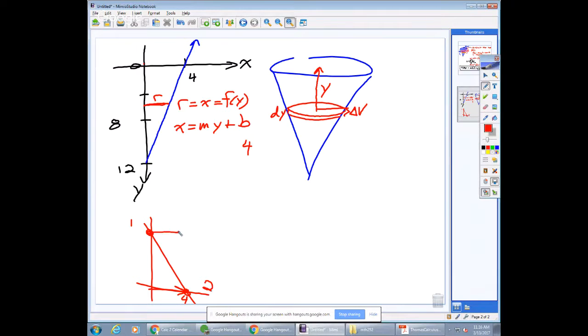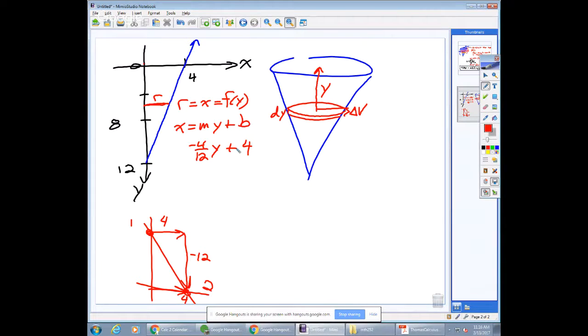So I could say my run is 4, and then my rise is what? Negative 12. It's going to be a negative 12. So I'm going to have negative 4/12 y plus 4.